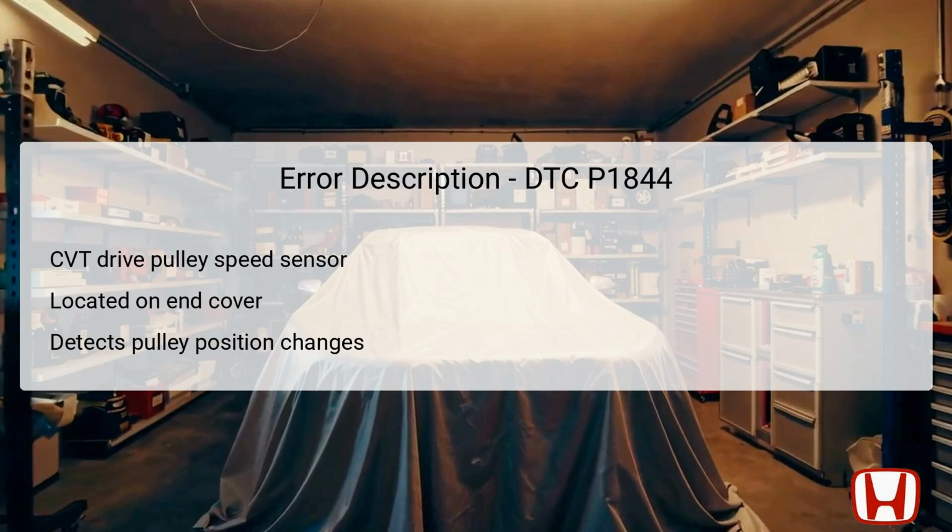Specifically, this sensor helps determine the rotational direction of the drive pulley, which is vital for proper transmission operation. If the voltages generated from these pulsing signals do not align with expected values under driving conditions, the TCM interprets this mismatch as a fault, prompting the storage of DTC P1844.